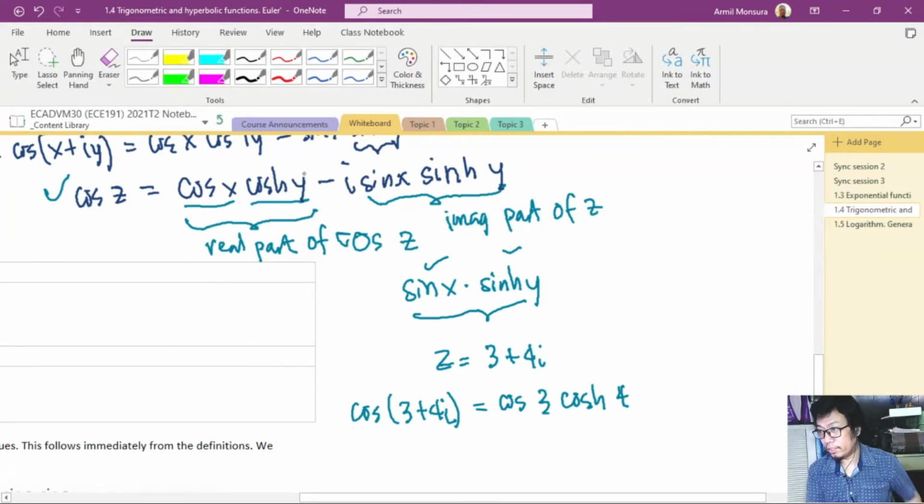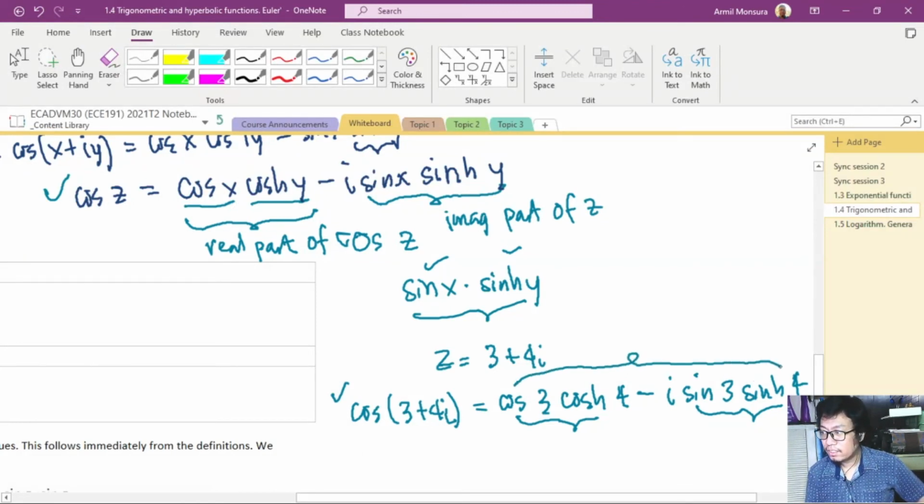And the second term is minus i times sine of 3 radians times hyperbolic sine of 4. Again, we will be able to evaluate this using your calculator, and we will have the value of cosine of 3 plus 4i as being complex valued if you take all of this as your answer.